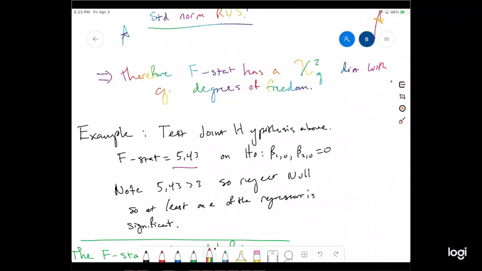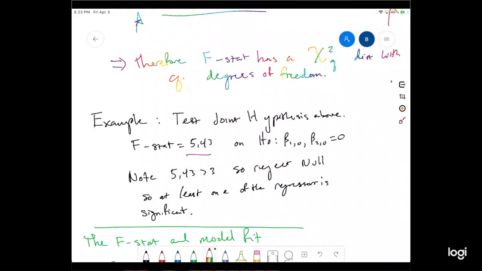Okay, so the critical value, I should write this down on here. The critical value for the t-statistic for 95% confidence was 1.96. So the critical value here for the F-statistic is the chi-squared distribution divided by q.